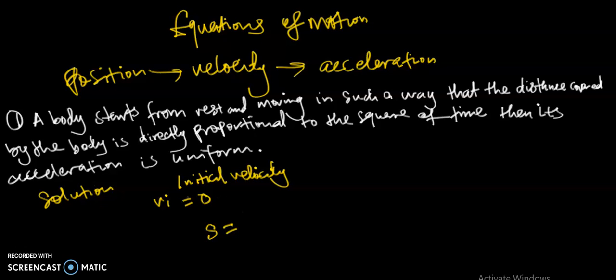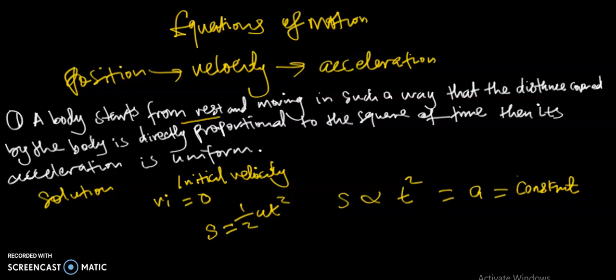We are just told that the body starts from rest, so the initial position is 0, and s is equal to a half at squared. And we know that the distance covered by the body is directly proportional to the square of time, so s is proportional to time squared. This simply means that a is constant. a is the acceleration, and a is constant.